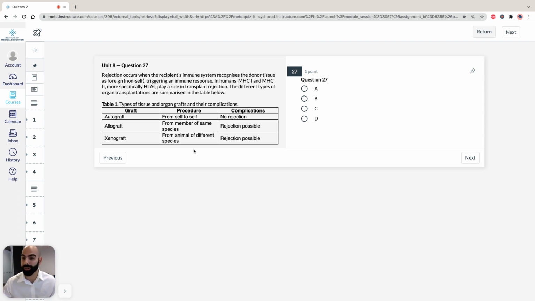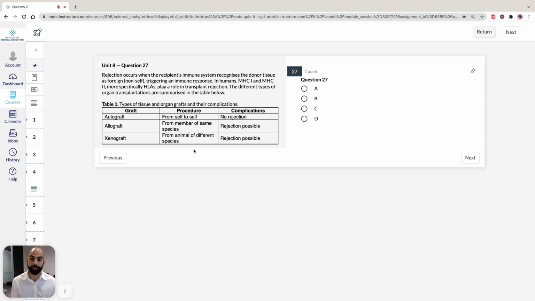Then there's the autograft, which is from yourself. Think about it: with your own immune system, you're not going to get any rejection because you're just transferring tissue from your own body. Your body isn't going to reject it because it recognizes it as itself. In figure 1, the autograft on cheetah 2 has the same healing process and hair growing as the allograft between cheetah 1 and cheetah 2, so there hasn't been much rejection.